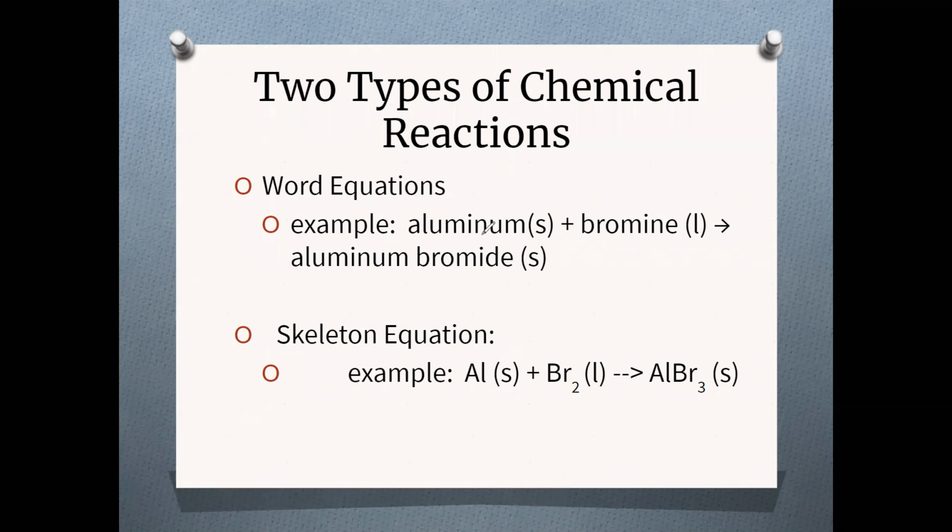But if I tell you aluminum and bromine reacts to produce aluminum bromide, I would expect you to be able to write out this equation effectively. I would expect you to know to look at your periodic table to figure out that the chemical symbol for aluminum is Al. I would expect you to know that bromine is a diatomic element and therefore shows up as Br2.